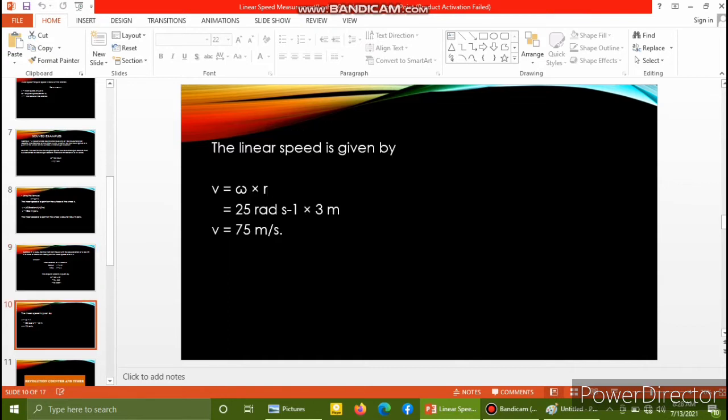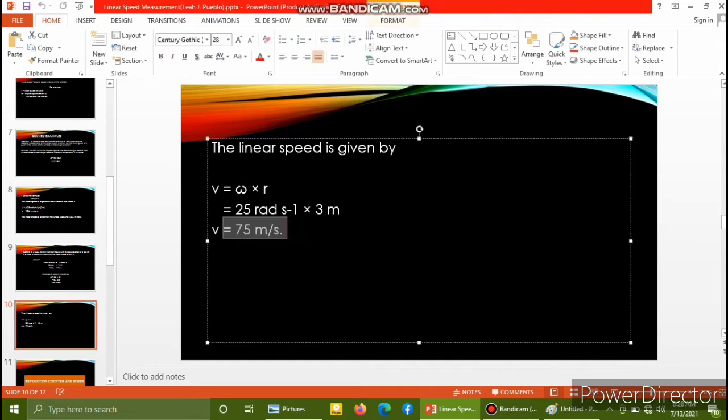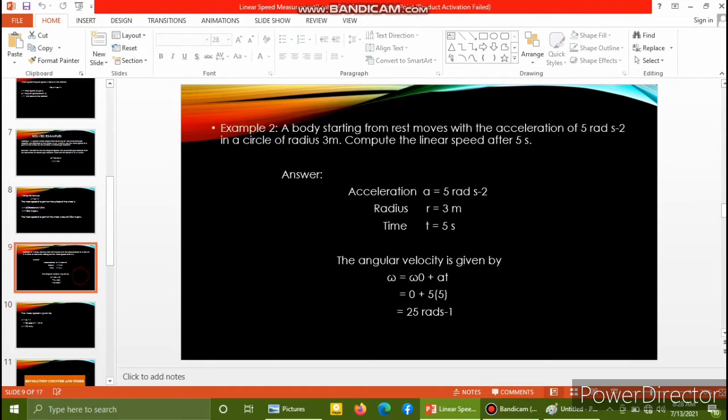So 25 times 3 is equal to 75 meters per second. This is the answer of example number 2: 75 meters per second, the linear speed after the 5 seconds.